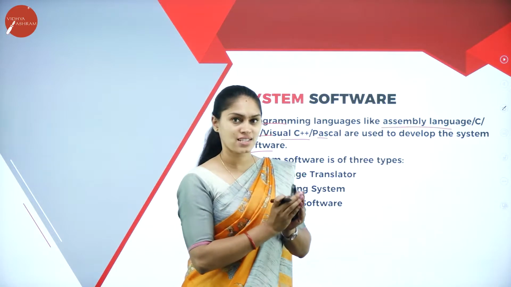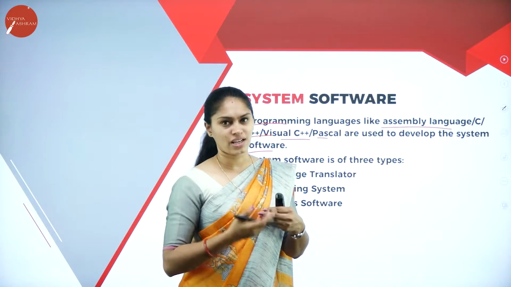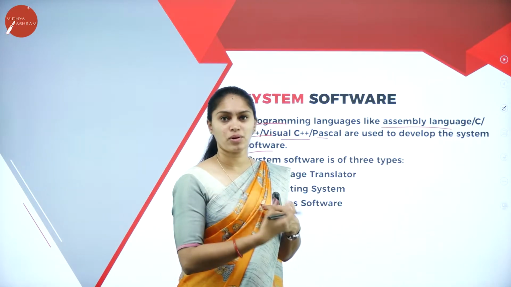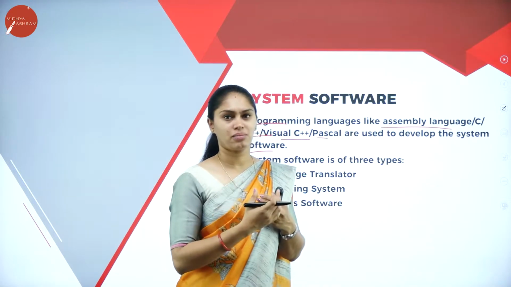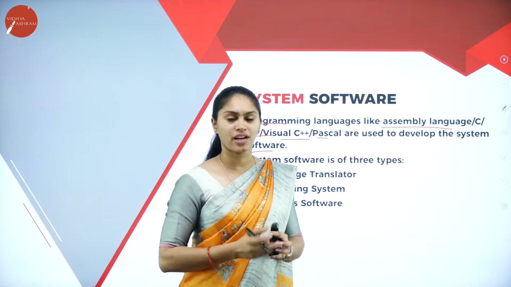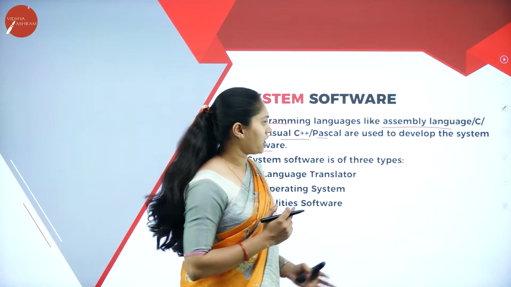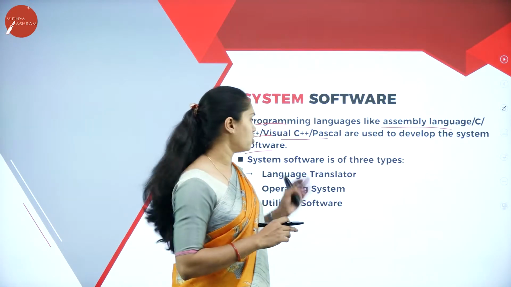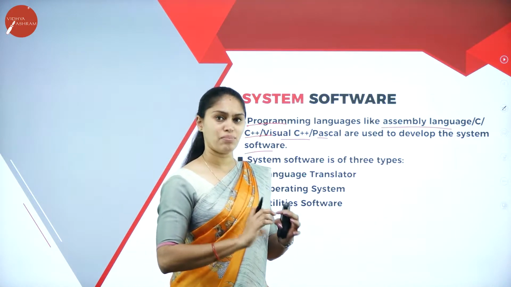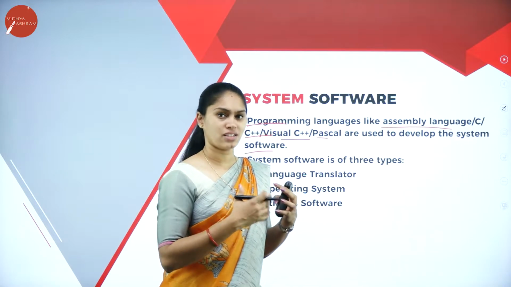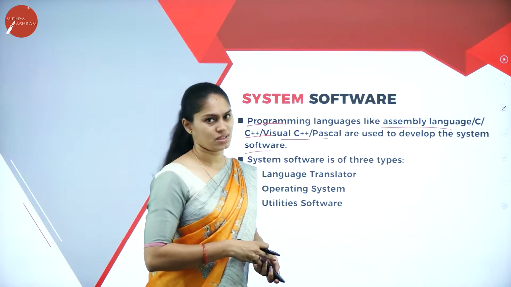But we are using this kind of software, and it provides the environment to run a program, to develop a program and to execute the program. Then it is termed system software. By making use of C++, Pascal, assembly language, Visual Studio and Visual C++, these are the languages which help to develop or prepare this system software.